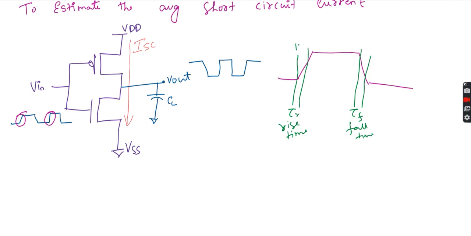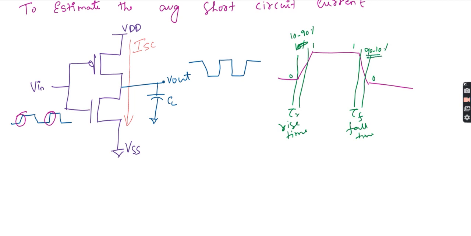Simply, I can say 10% to 90%. Sorry, not 10%, 10 to 90% for rise. Same here also, 90 to 10%, like falling happens from 1 to 0.